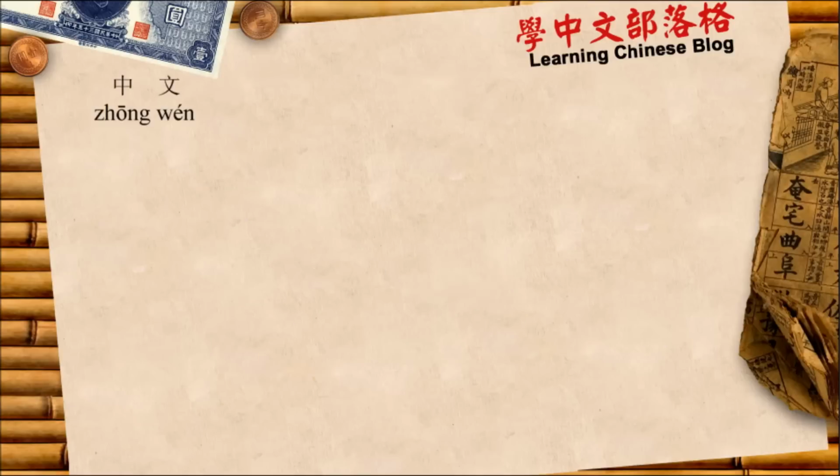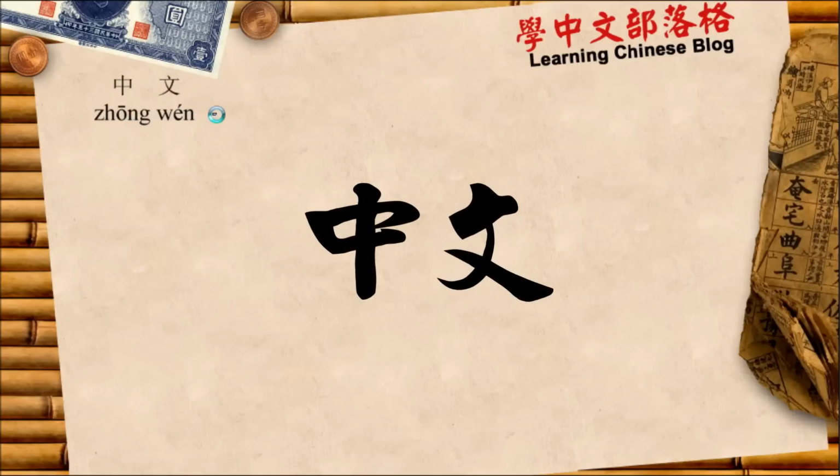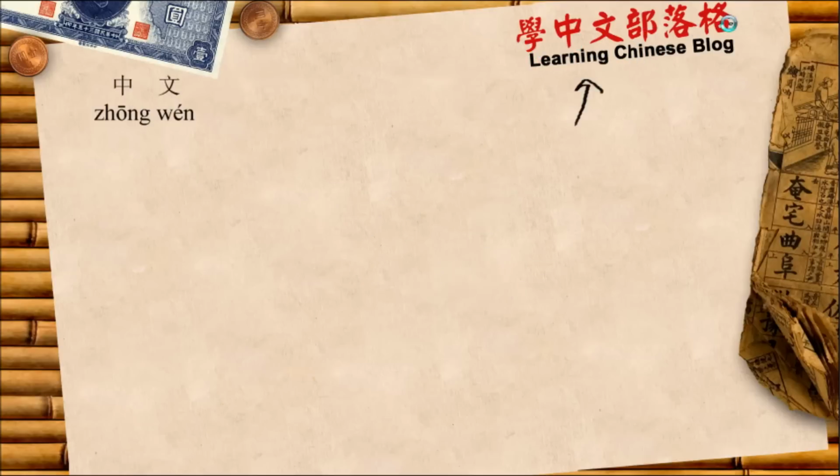So probably the most common thing that you'll hear is Zhongwen, and this is kind of a universal way of saying just Chinese, right? Yes. Even up in our name here, we have it right there. Zhongwen, Chinese learning. So this says study Chinese blog.